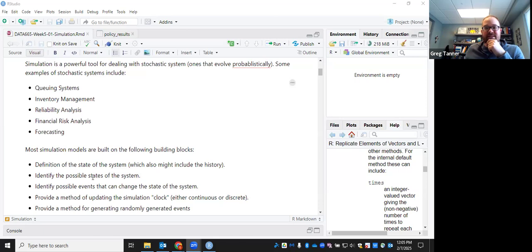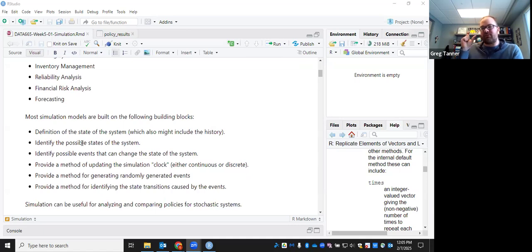For reliability, the state of the system is probably which components are currently functional, which need repair, and which are being repaired. Similar sorts of things apply for financial analysis and forecasting. They have different states that you might be interested in tracking over time.